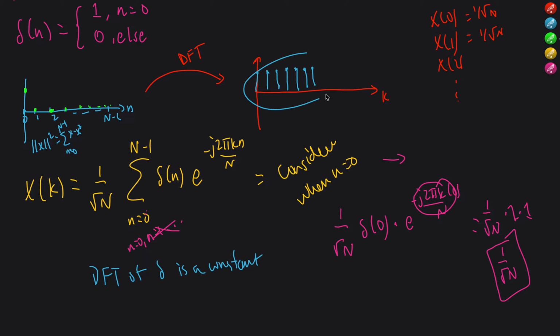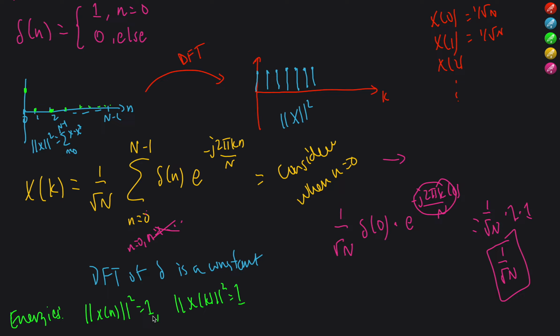And if you do that here, for energies, you can notice that the energy of our signal in time is equal to 1, and so is the energy of our signal in frequency.